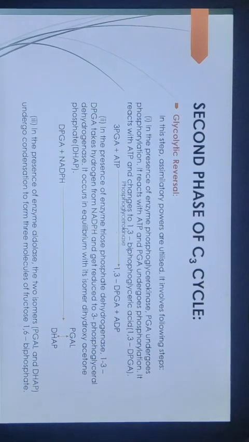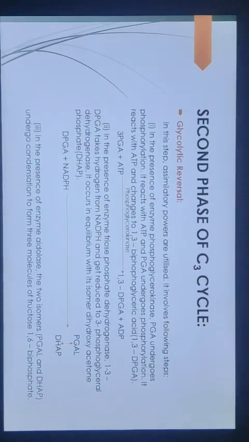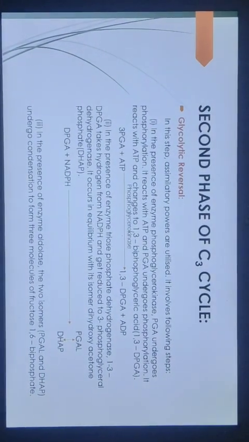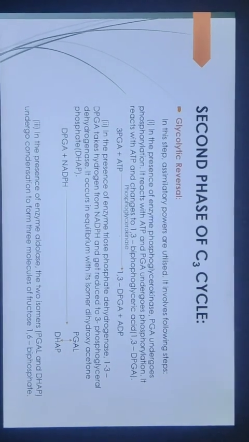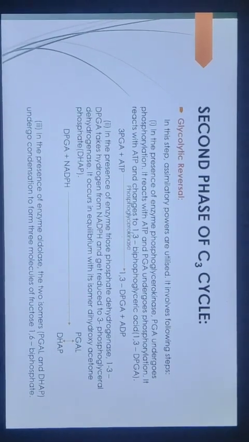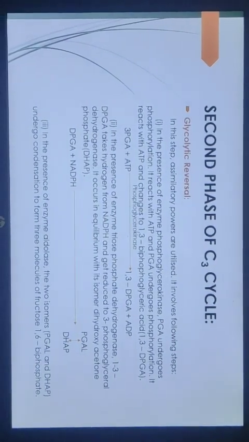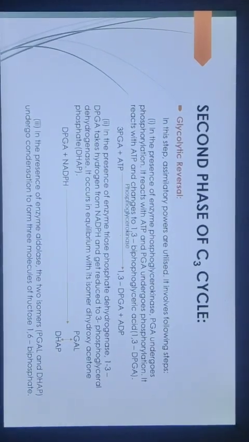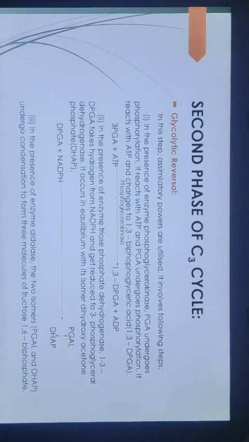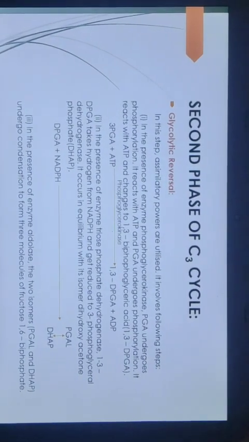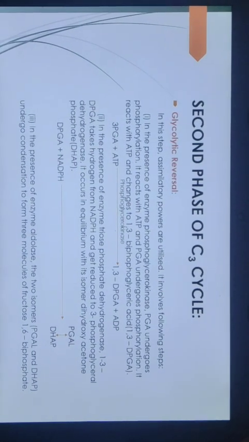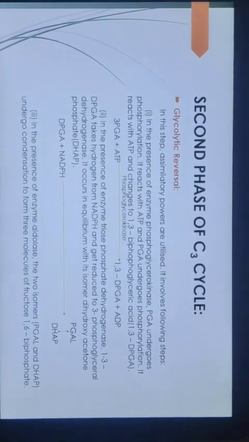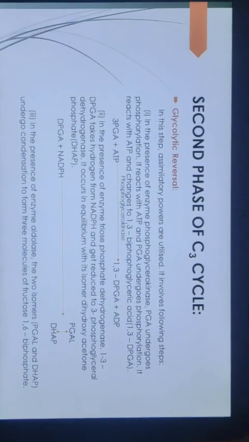The first step is in the presence of the enzyme phosphoglycerokinase: 3-PGA undergoes phosphorylation and reacts with ATP to form 1,3-bisphosphoglyceric acid, and ADP is released.